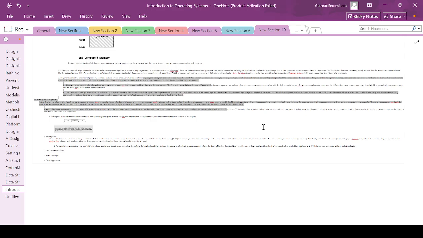The second and more important problem is that segmentation still isn't flexible enough to support our fully generalized sparse address space. For example, if we have a large but sparsely used heap all in one logical segment, the entire heap must still reside in memory in order to be accessed.